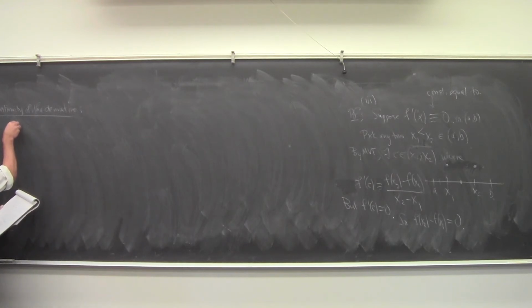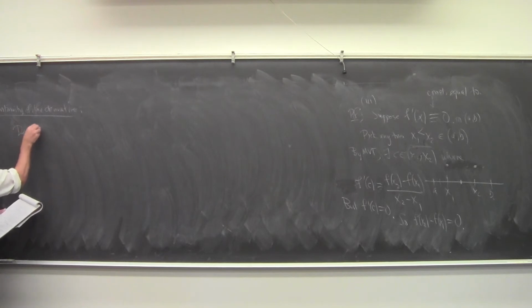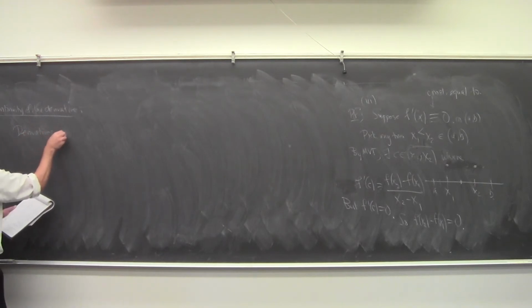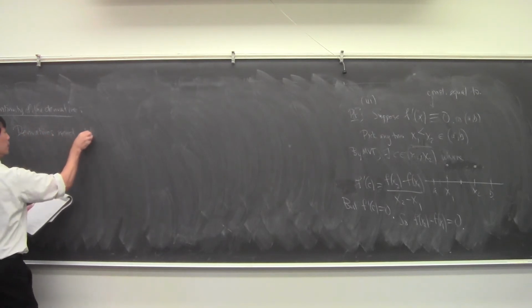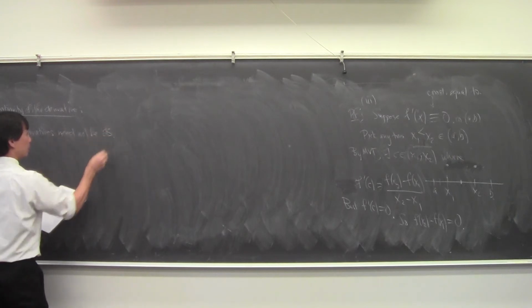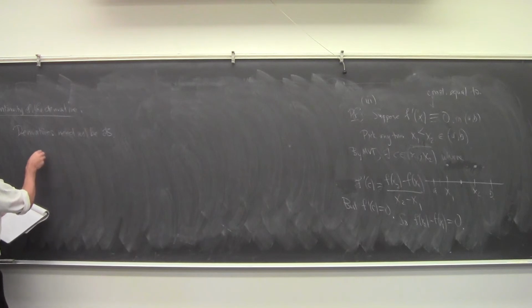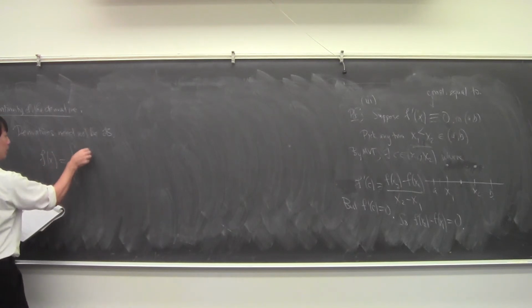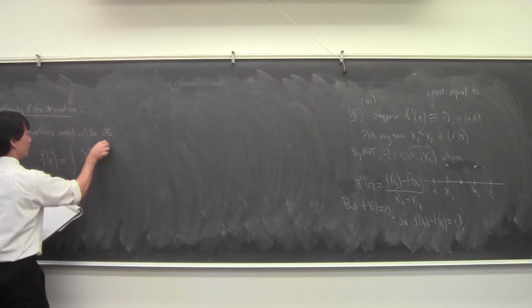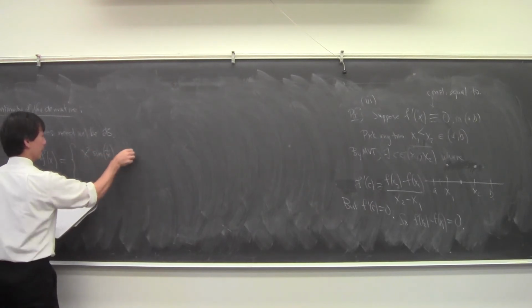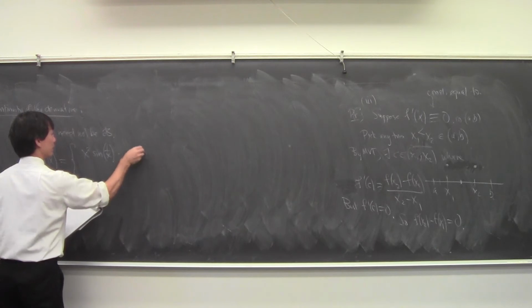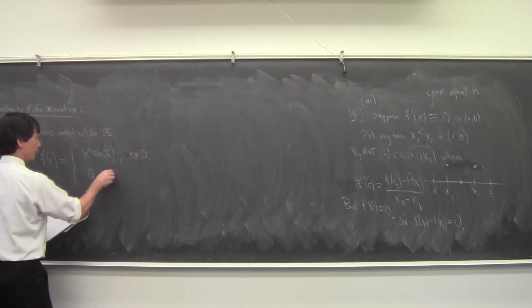So the point is this, that derivatives need not be continuous. So if you look at the function f of x equals x squared sine 1 over x for x not equal to 0, and 0 for x equals 0.